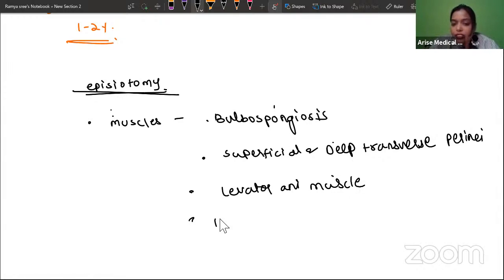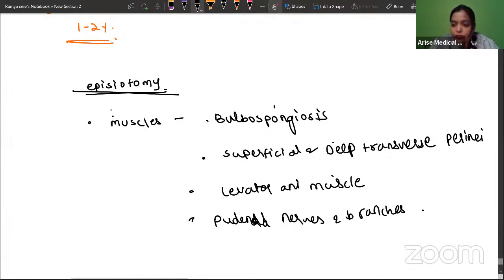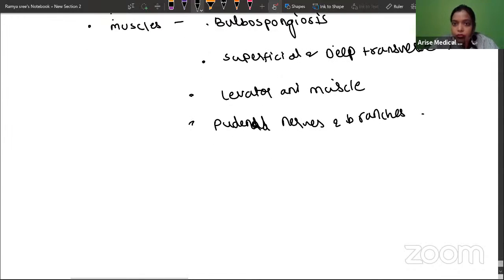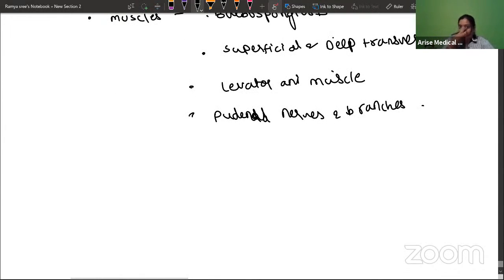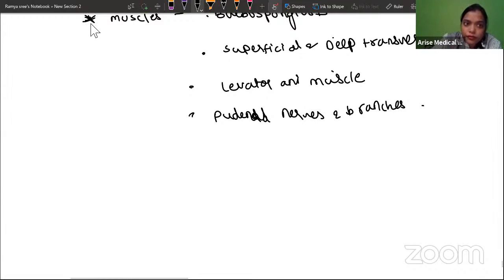Pudendal nerve branches are also cut. So those are the muscles and structures which are cut.